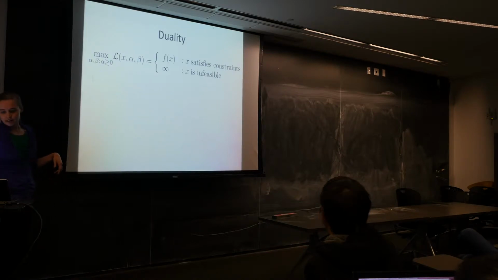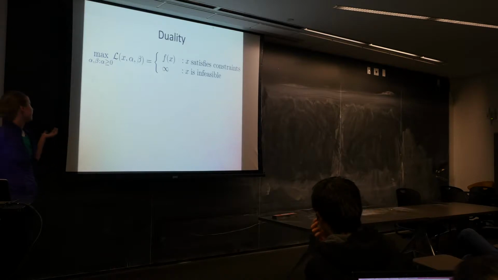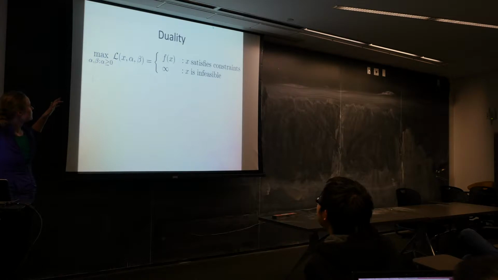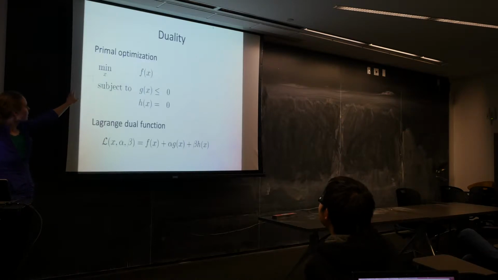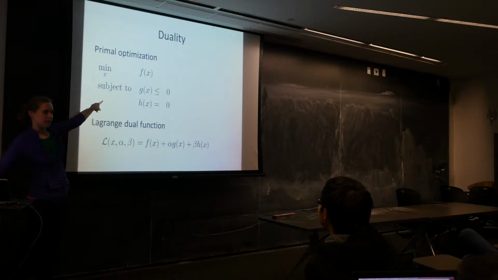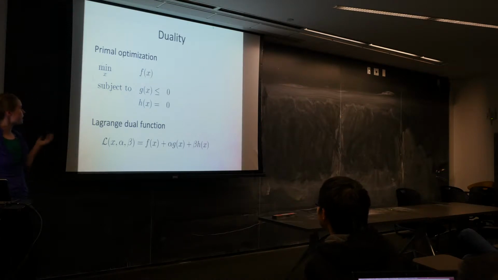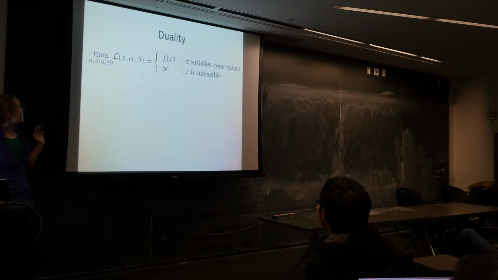And then you know that if you define this optimization problem as maximizing the Lagrangian, it is just the value of your objective if the point x satisfies the constraints, here the inequality constraints g of x and the equality constraints h of x, and otherwise it's infinite if x does not satisfy those constraints.